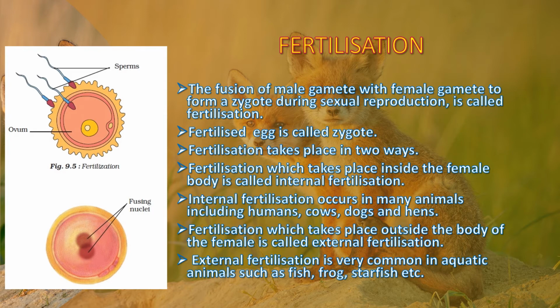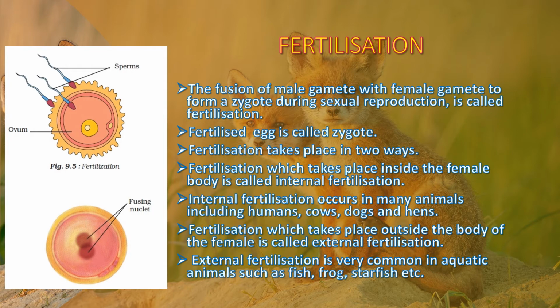Also other animals are there in the pond, so they may feed on these eggs. So production of a large number of eggs and sperms is necessary to ensure fertilization of at least a few of them. That is why they lay hundreds of eggs at a time.